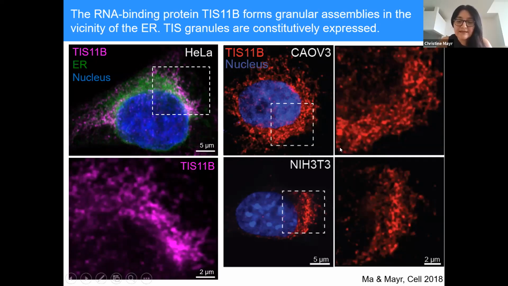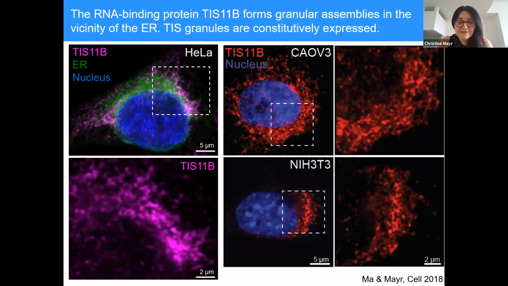The only difference we found was that in some cells there is a very high expression, which leads to this ring in the perinuclear region. Basically the whole perinuclear ER is covered by Tis11B.